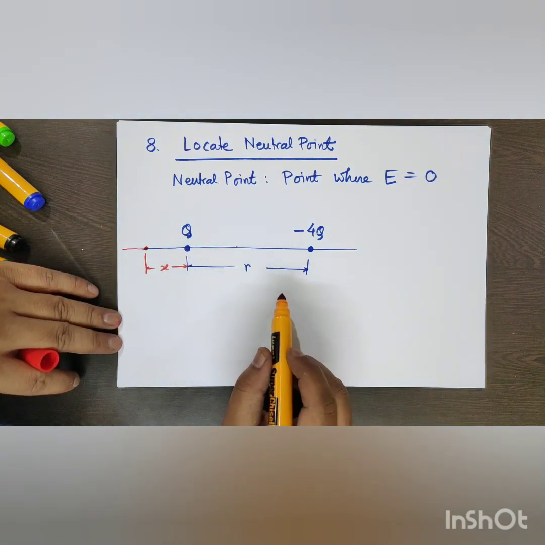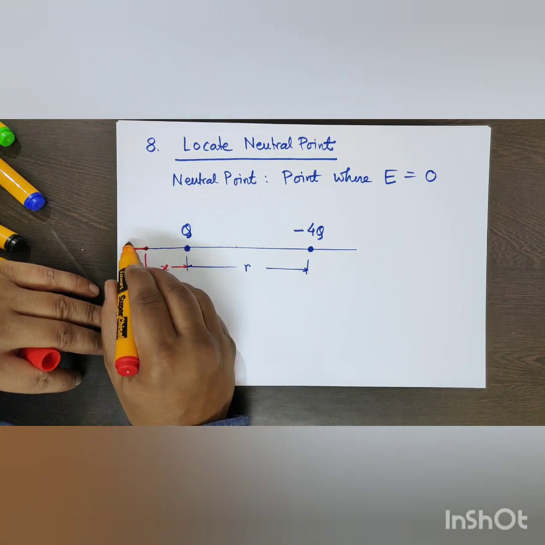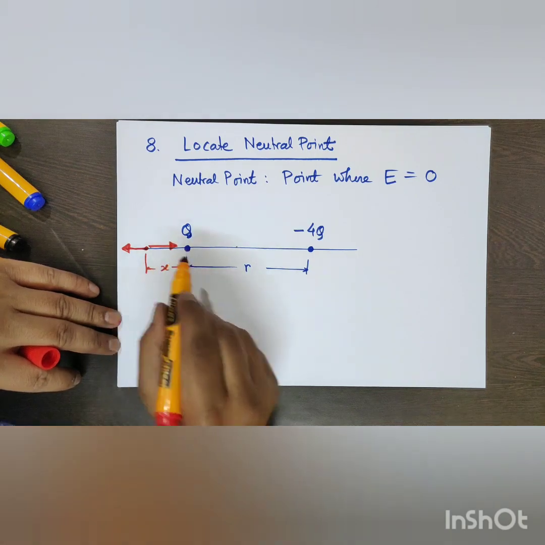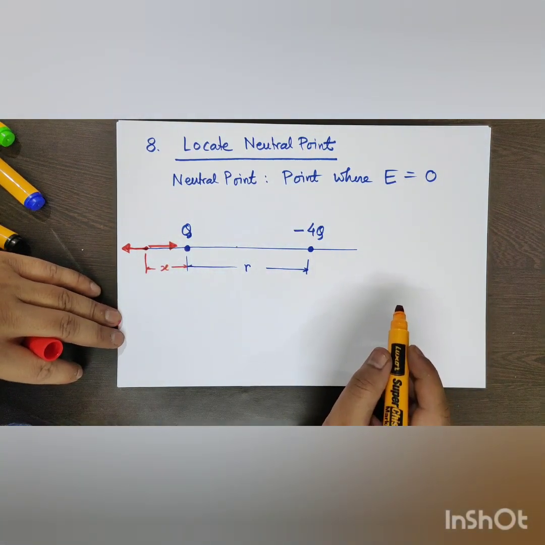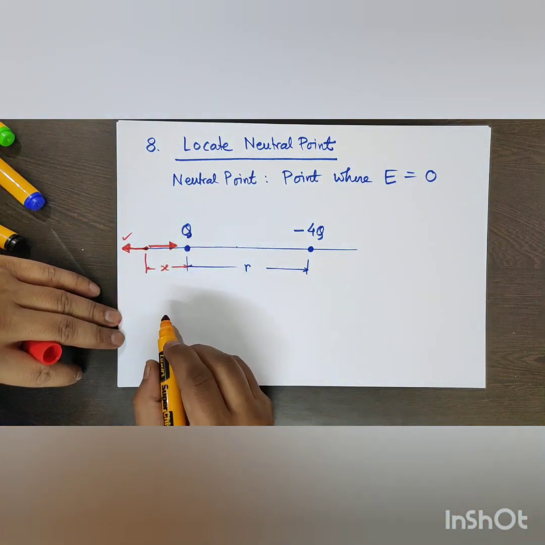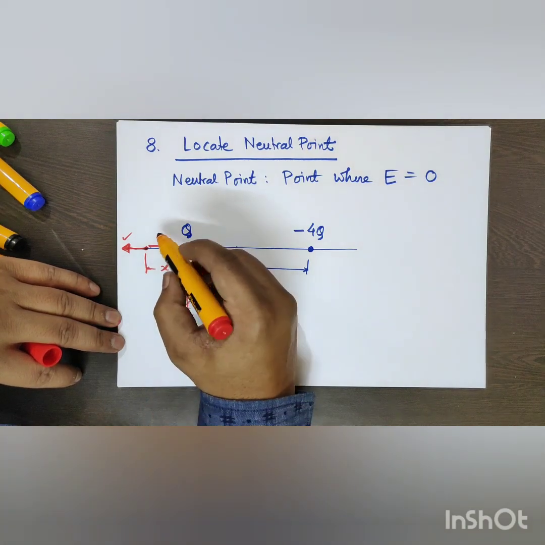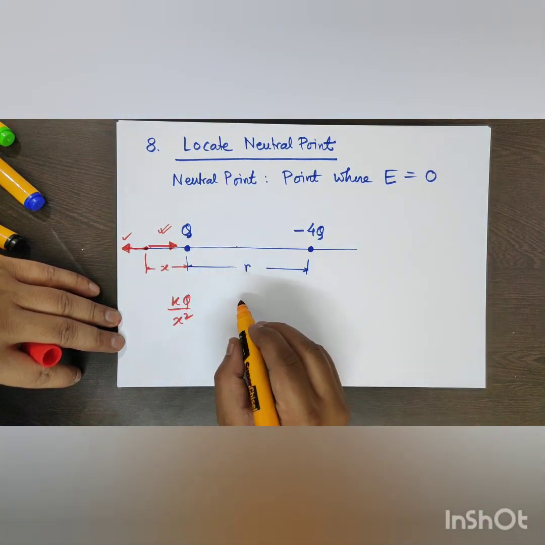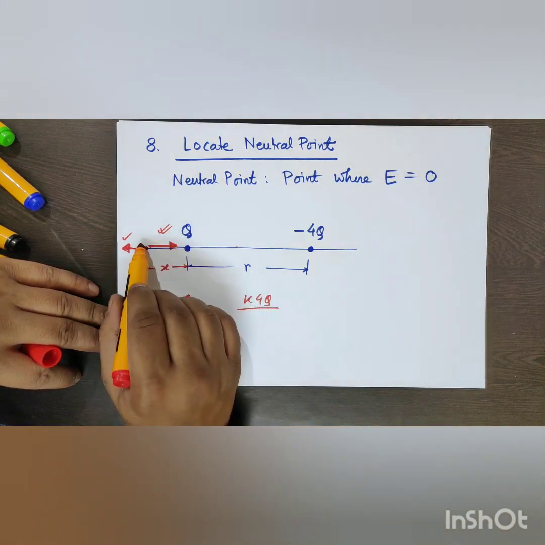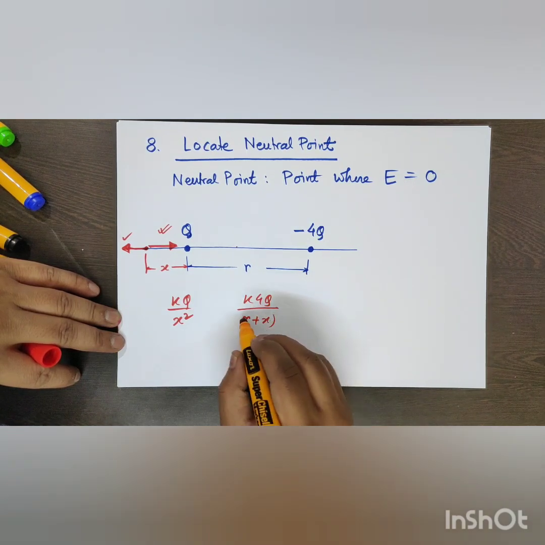Why? Because due to Q, the charge Q will repel and 4Q will attract. Now these forces can cancel to give a field 0. Now what about this force? This force is kQ/x², and this force, placing a +1 charge, is k·4Q/(r+x)².